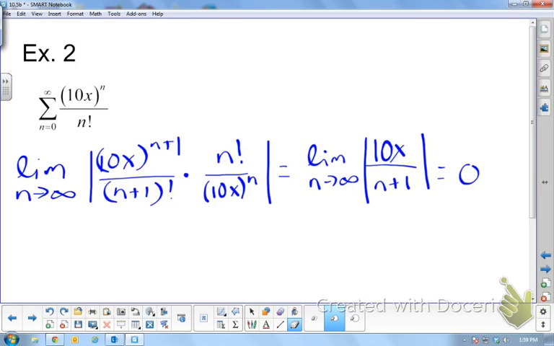When that happens, that means we converge all the time. This converges everywhere. So it converges for all real numbers, which means I don't need to check my endpoints. And also it means we don't really have a radius of convergence because it converges everywhere.